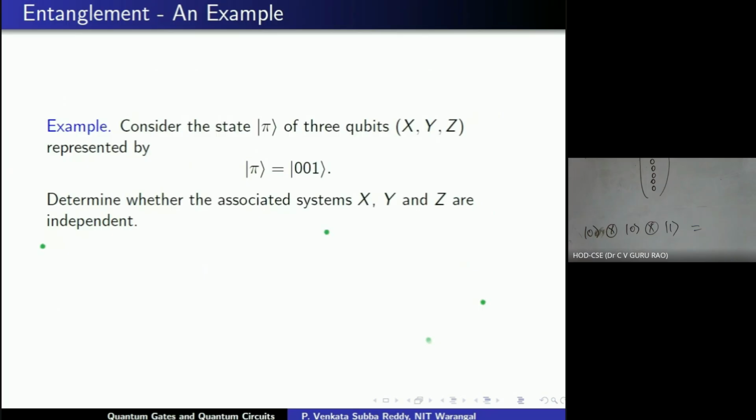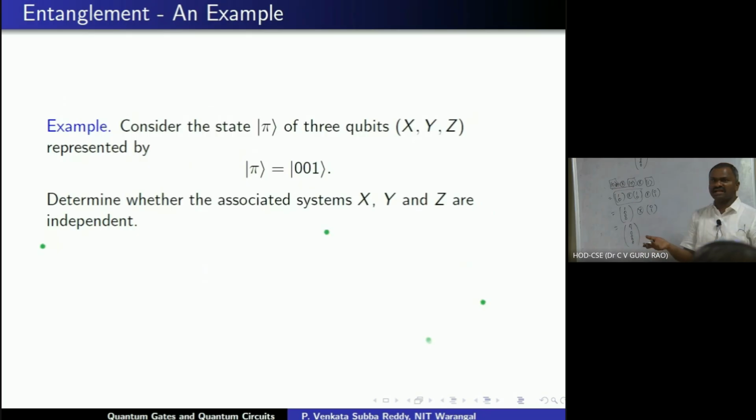First you calculate any two. This two, this is equals to what? 1 0. This we have already calculated. 1 0 tensor 0 1. This two we calculate. How much? 1 0 0 0, no? Tensor 0 1. Now this is first system state, this is second system state, this is third system.